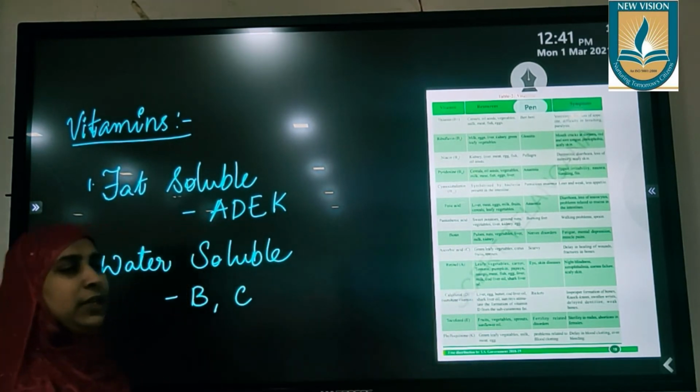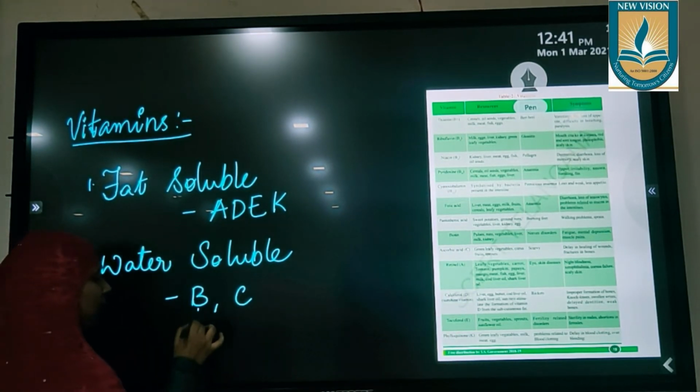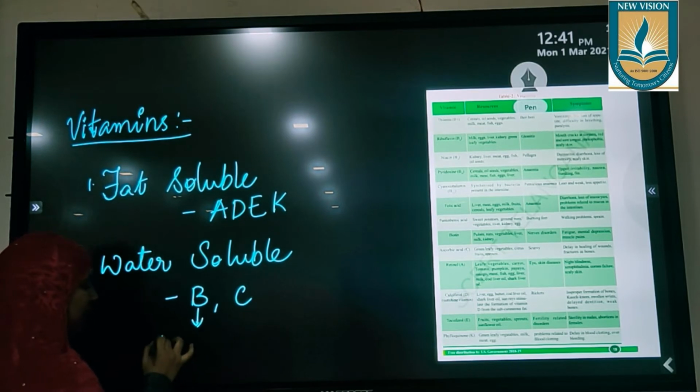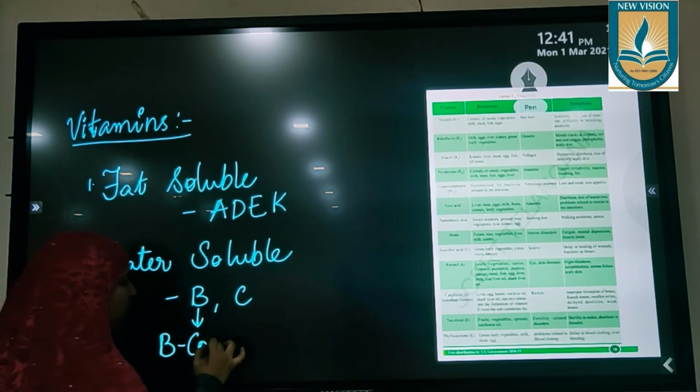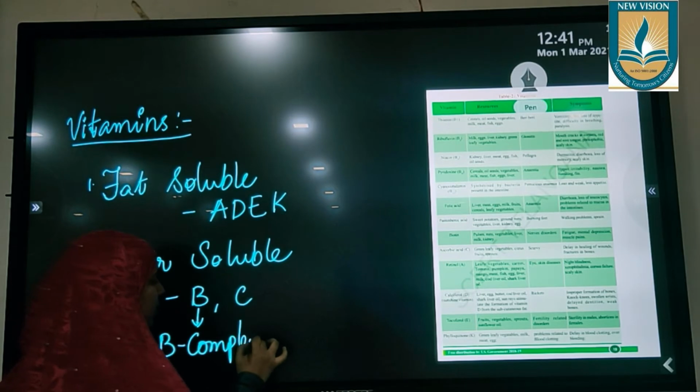These are all B vitamins, so rather than simply calling it vitamin B, it is called B complex vitamins.